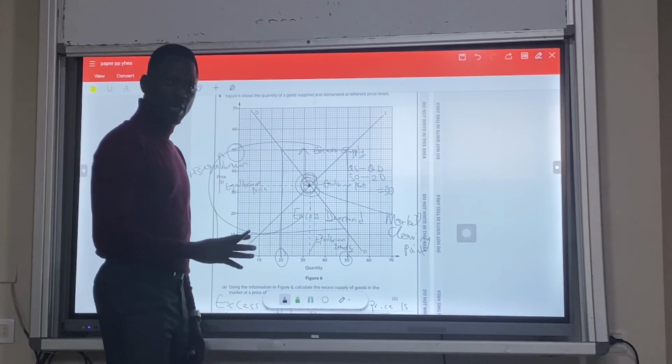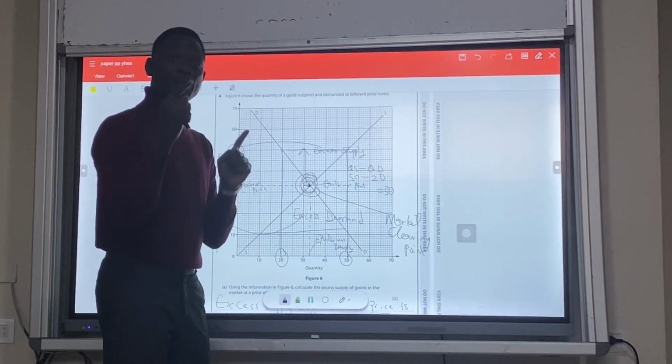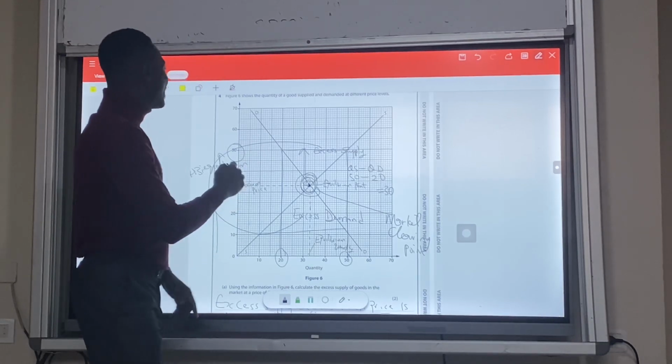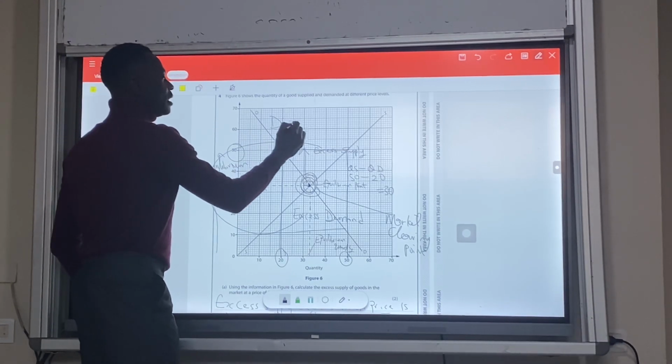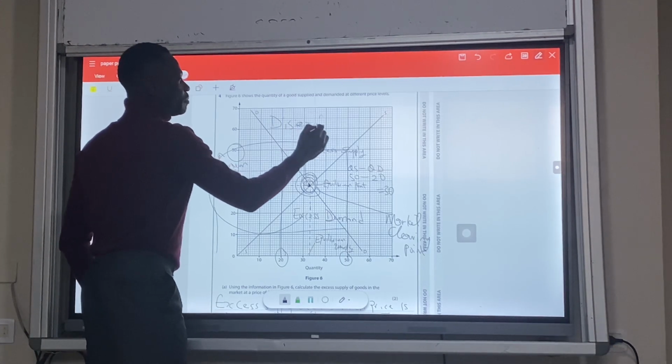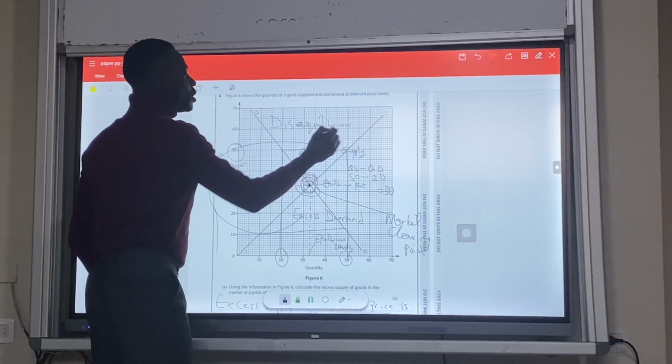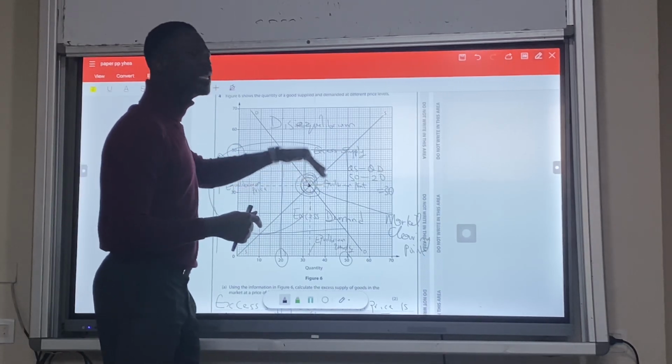For excess supply to happen in the market brings about disequilibrium, which means the market is not balanced. So that is excess supply.